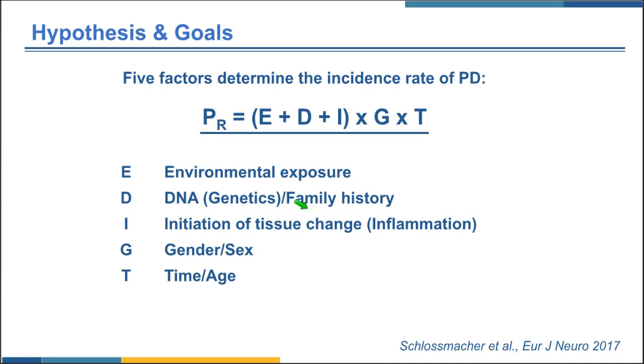I is for initiation of tissue changes, which mostly results from the interaction between factor E and factor D. G is for gender, because we know that men have a higher risk of having PD compared with women. And T is for age: as people get older, they are more likely to have PD.